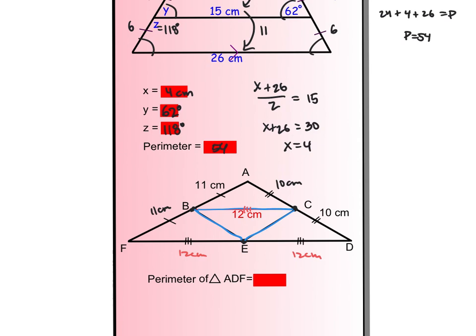So the perimeter, which it's asking us for in this question, of ADF, let's highlight ADF, A to D to F. This triangle, the perimeter of that triangle, will be 2 10s plus 2 11s plus 2 12s, or if it makes the math easier, 2 of these, 10 plus 11 plus 12, which of course will be 33 times 2, which will be 66 centimeters.